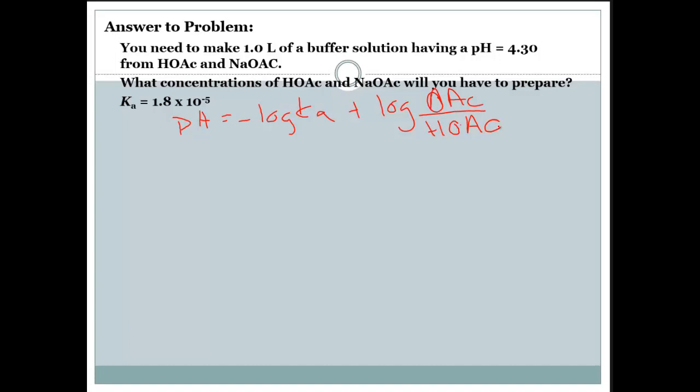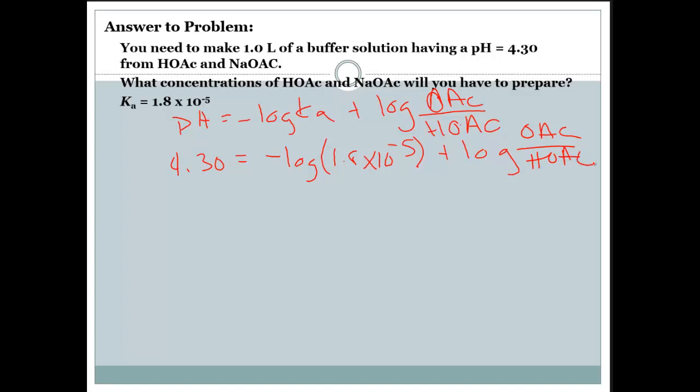So pH we know is a 4.30, negative log of 1.8 times 10 to the negative 5 plus the log of this ratio. So that's 4.30.